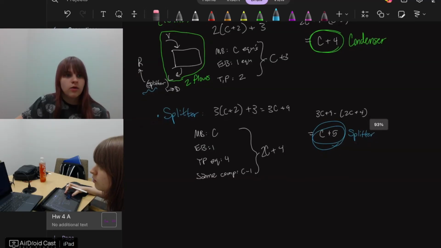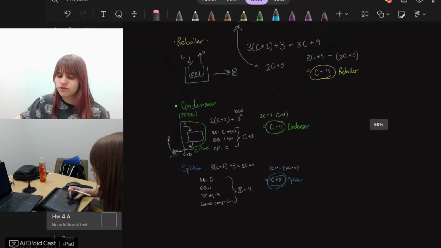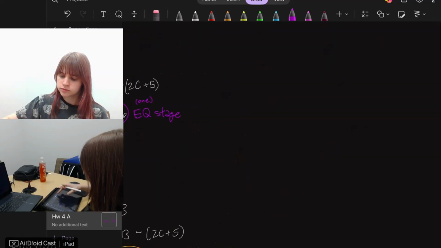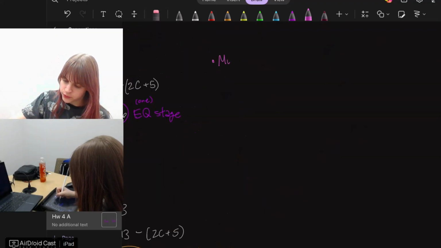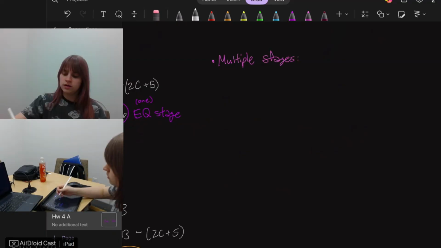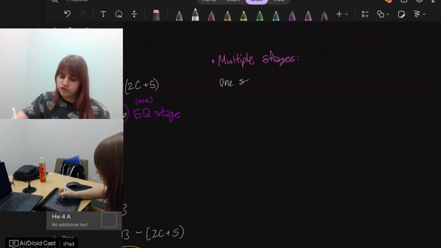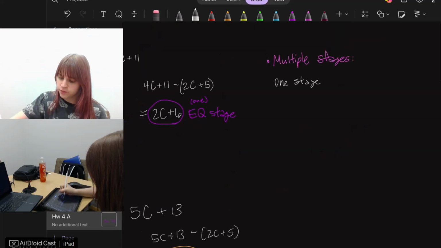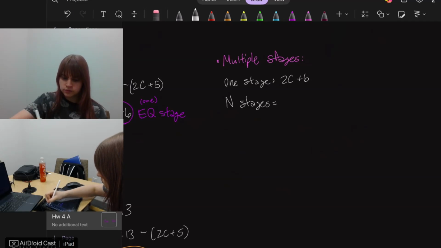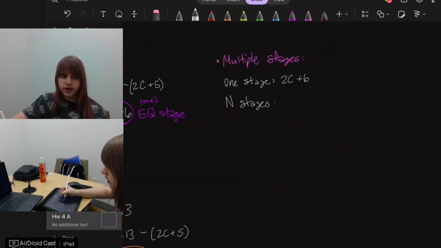And now we have done most of it, but we also want to do multiple stages. We said that one stage over here was 2C plus 6, and for n stages we would have n times 2C plus 6.